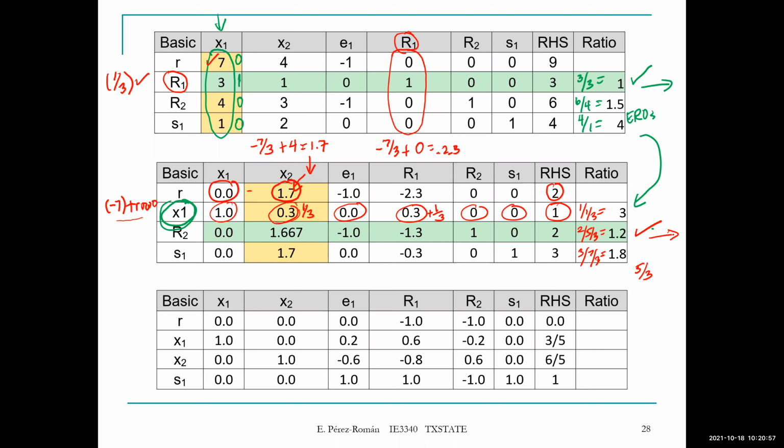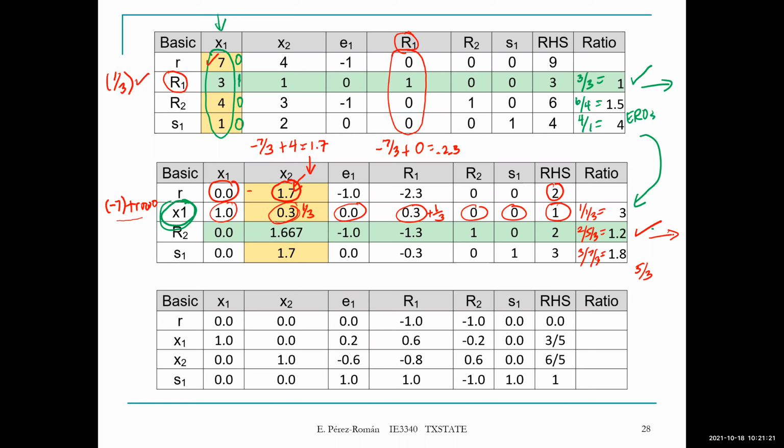The artificial variables are out of the objective function. And this is the solution for phase 1. And this is giving us the initial solution for our problem. X1 equals 3 over 5, X2 equals 6 over 5, S1 equals 1. So we went through all this process just to find an initial solution for our problem.